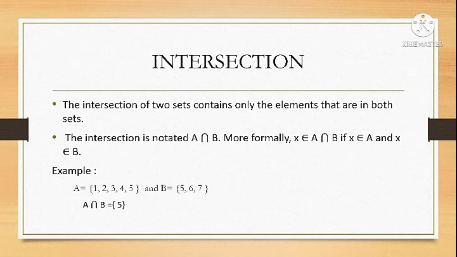So now let's find the same elements of set A and set B. So A intersect B is the element 5.